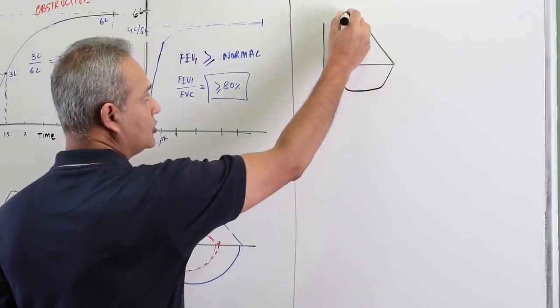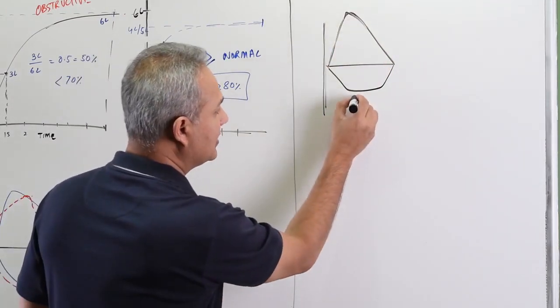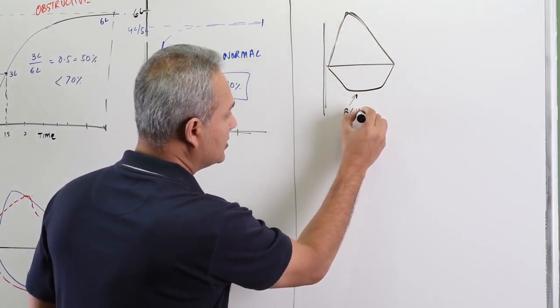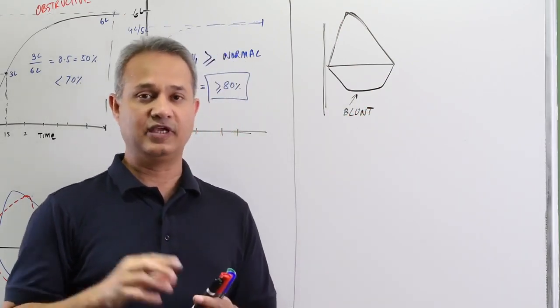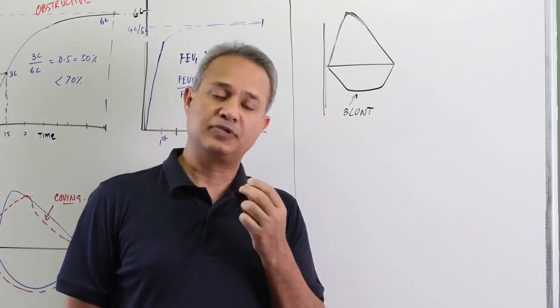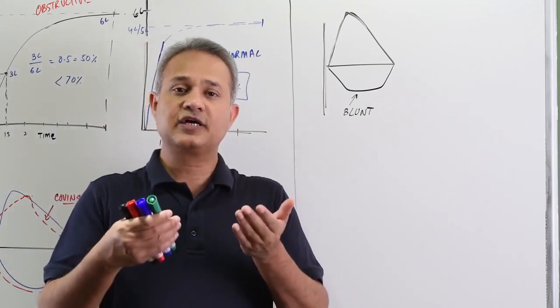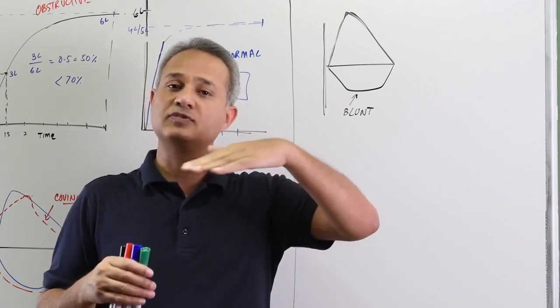Here the expiration is normal. However, inhalation has a blunting here. This is called blunting. Why did that happen? Imagine that a patient has a vocal cord paralysis. When the patient is trying to inhale, the vocal cord falls inward and becomes an obstruction.